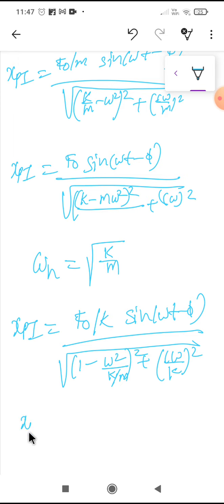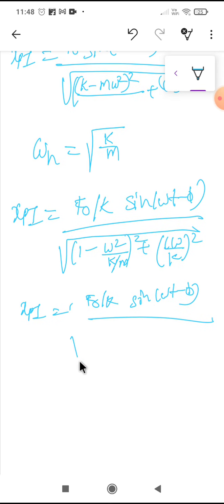So xpi will be equal to f0 by k sine omega t minus phi divided by under root 1 minus omega square upon omega n square. Now what is this ratio? It is the ratio of two frequencies.